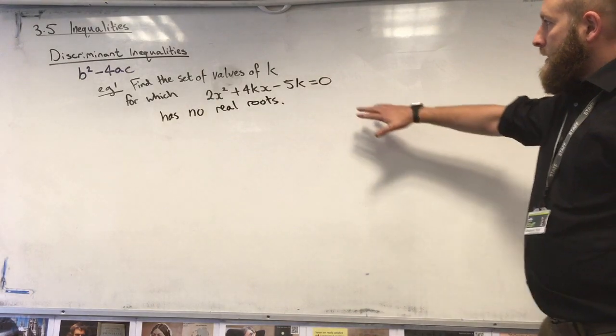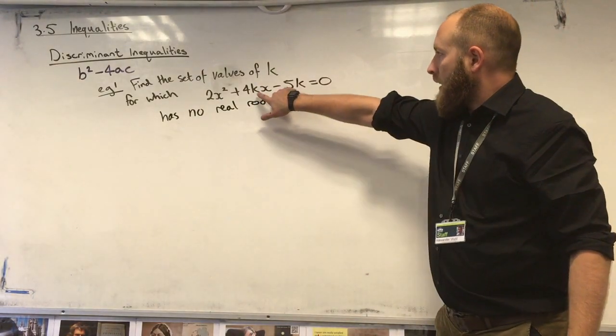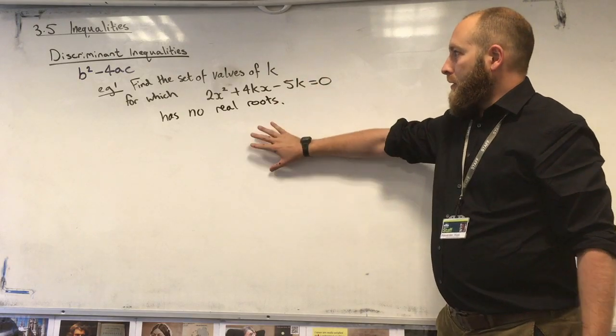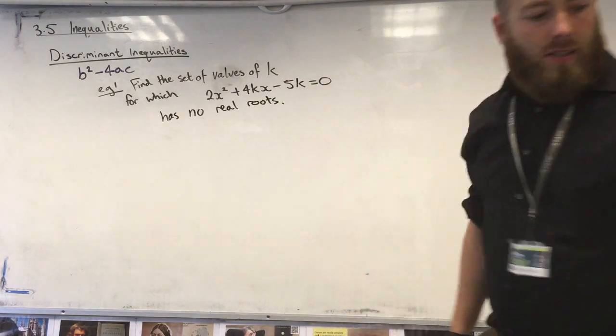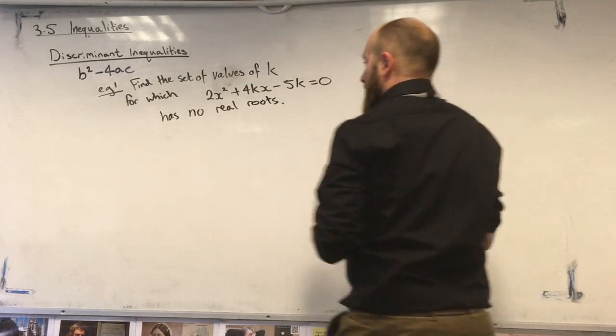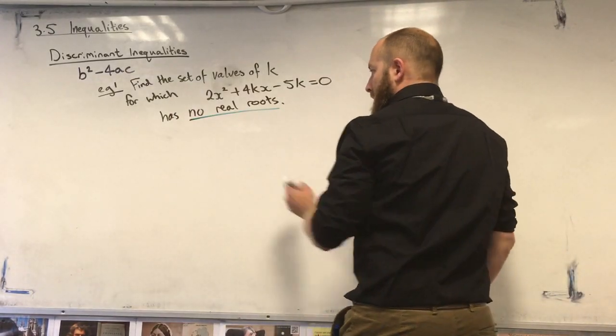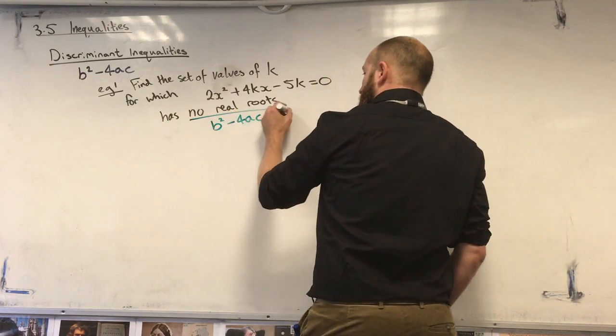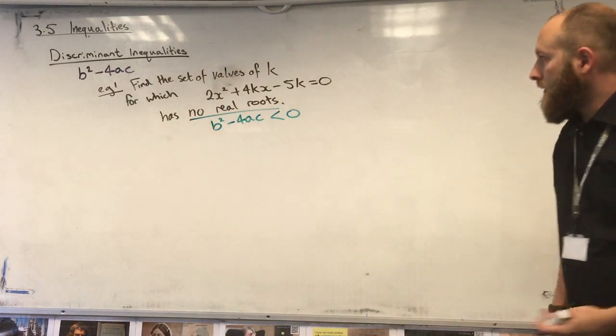So we're trying to find the set of k values, here's k and here's k, that make this quadratic have no real roots. The first key here is the no real roots bit, which means the discriminant is less than 0. Remember, you can't root a negative.